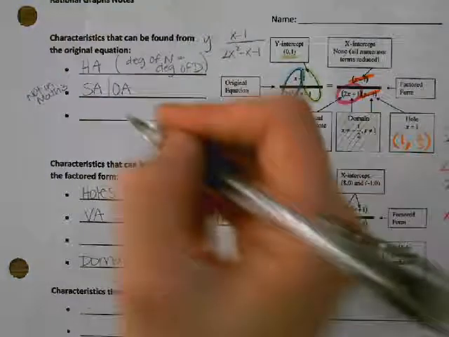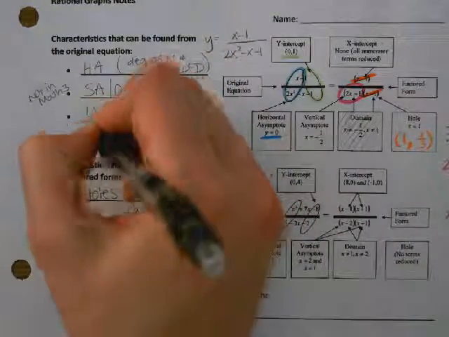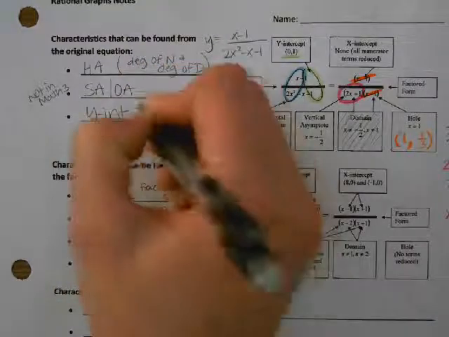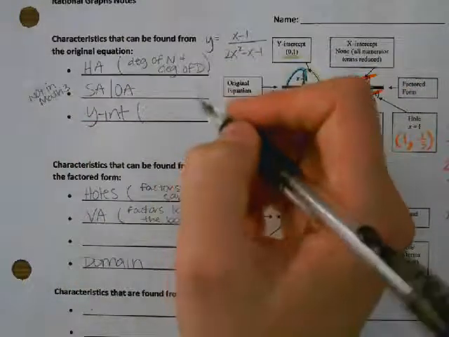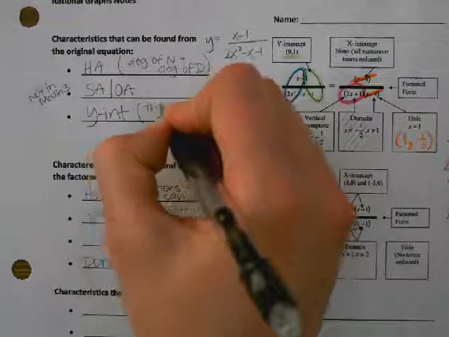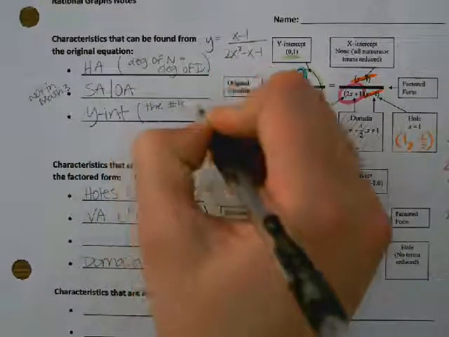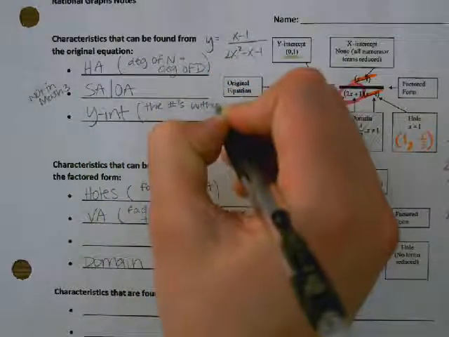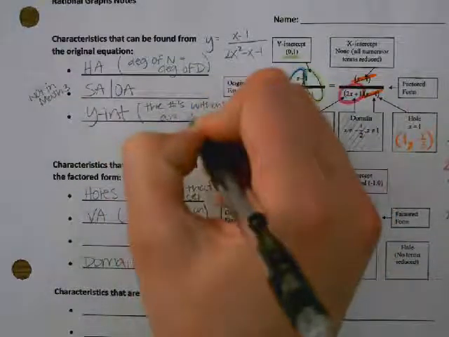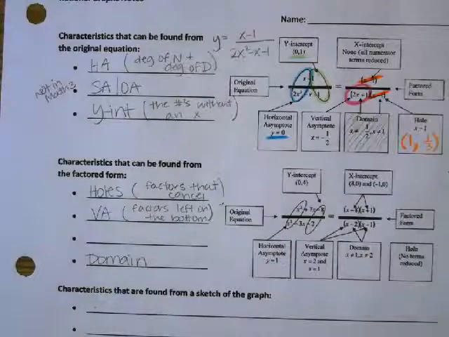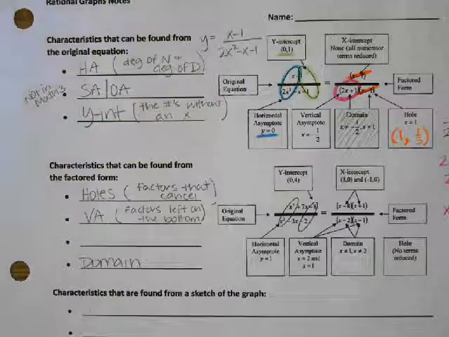So here, the last thing we can get from the original equation is the y-intercept. And you look at the numbers without an x. So we only looked at the numbers that did not have an x with them. And that's what helped us find the y-intercept.